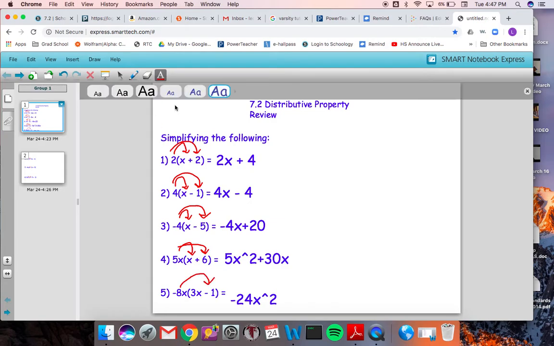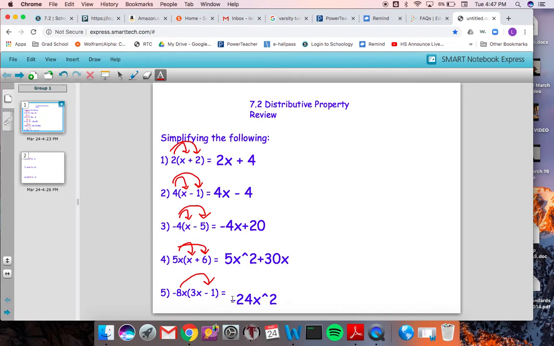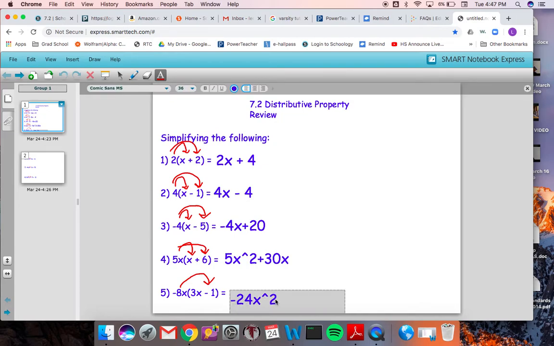So remember, 2 negatives makes a positive. So that's going to be plus 8x, because you have an x here, no x here, so it's just a single x. All right, so that's negative 24x to the second plus 8x.